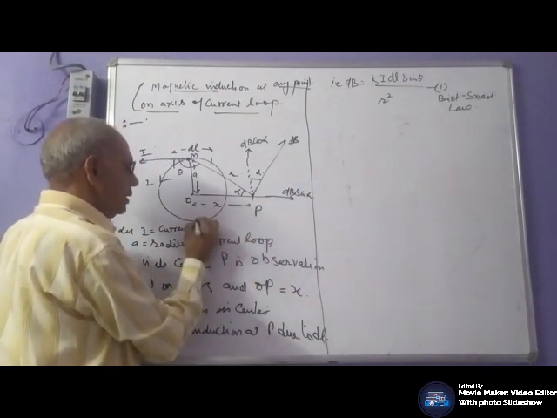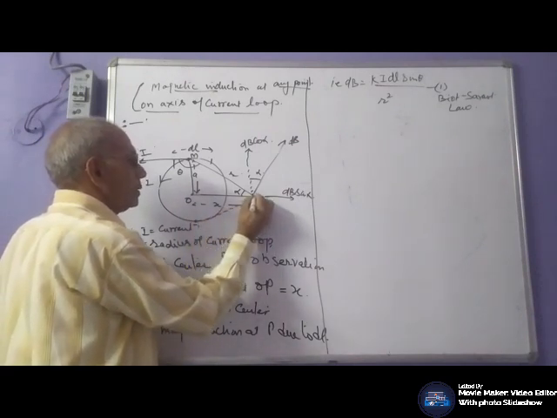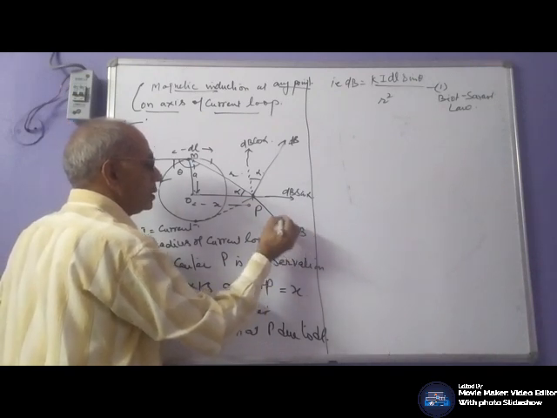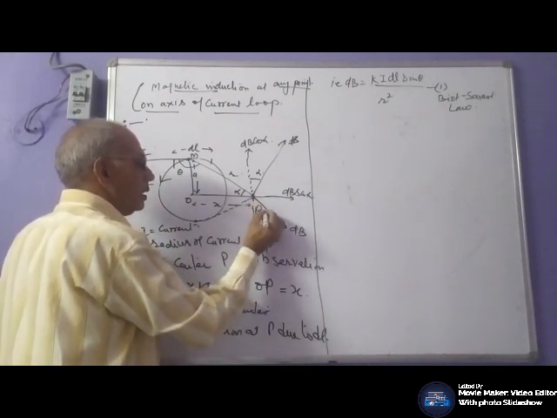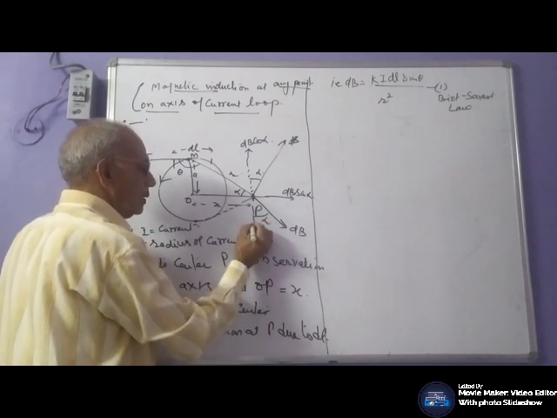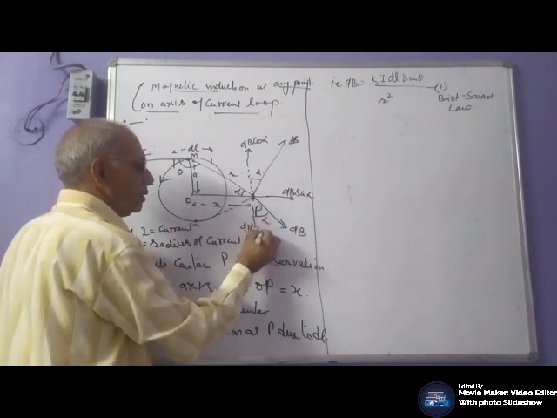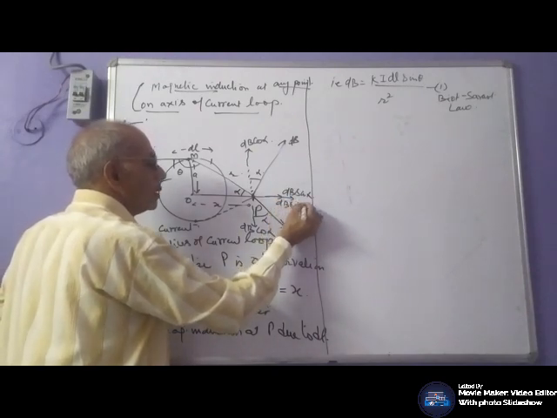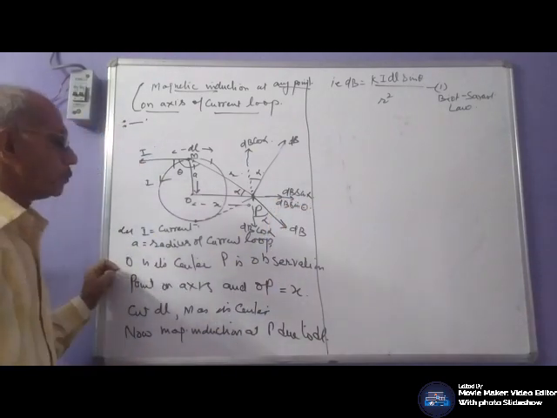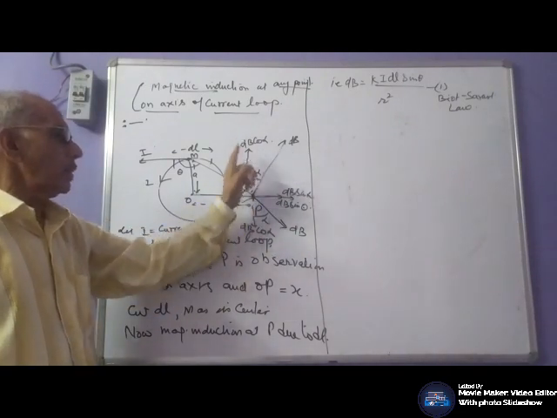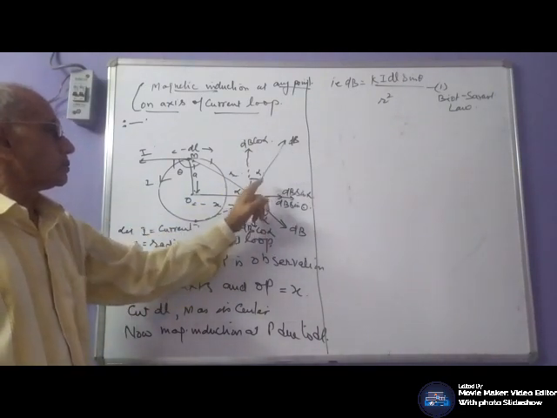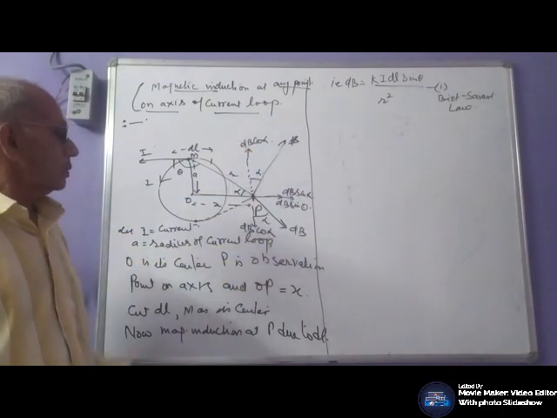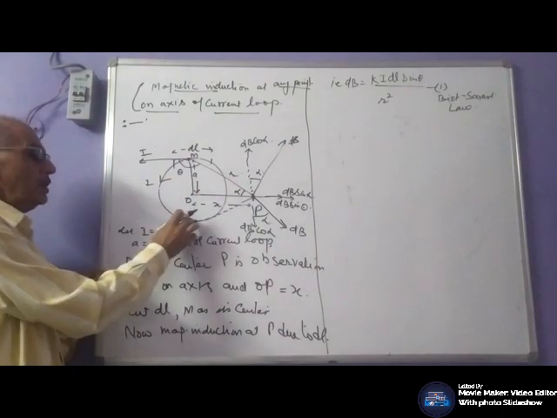Similarly, for a point on the opposite side, again the angle is alpha, with dB cos alpha and dB sin alpha. Now this dB is resolved: the sin component becomes cos, taken exactly opposite for the second element.